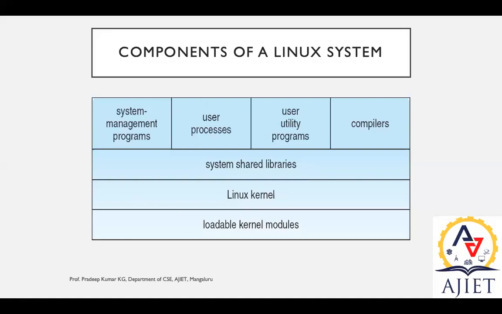We need system calls to allocate memory. We need system calls or the system shared library to allocate, deallocate or reallocate memory, to create a process, to run a process. For all these, we need system calls. So these system calls together we have in the system shared library.